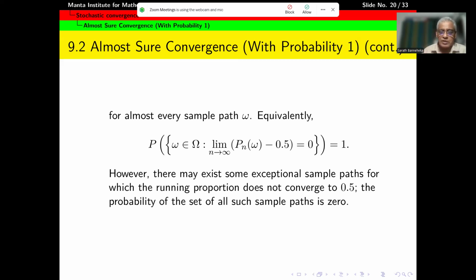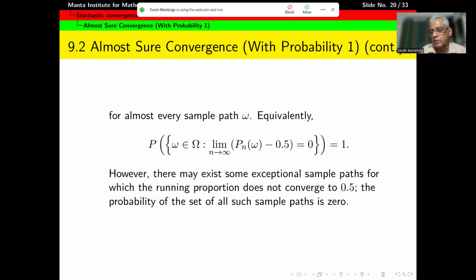So if you look at this for all possible sample omegas in capital Omega, a large number of sample omegas will be coming into our set capital A, and the probability of that capital A will be equal to 1. There might be a few omegas where this condition doesn't happen. That means P_n(omega) is not converging to 0.5.